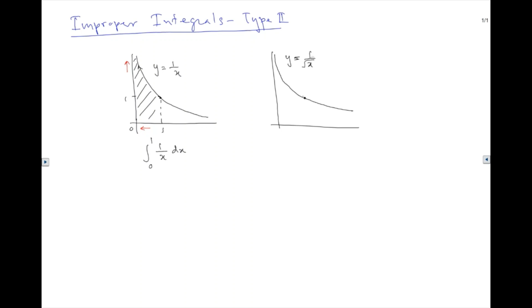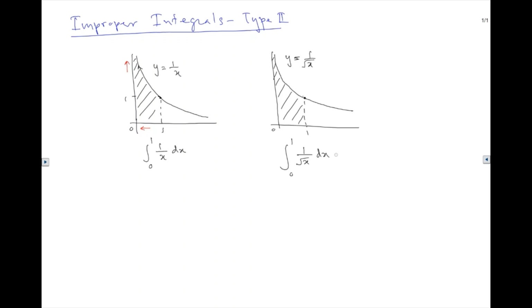I slightly changed it, so it is not 1 over x anymore, it is 1 over square root x. Again we can ask the same question, what is the area below the curve of this part. The corresponding integral would be the integral from 0 to 1 of 1 over square root x dx.